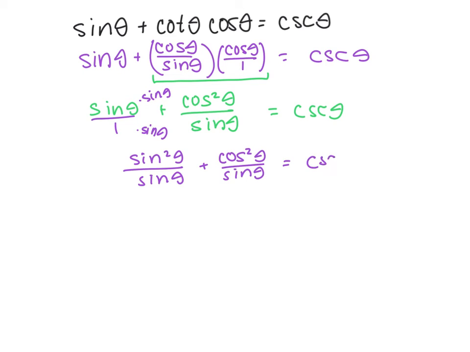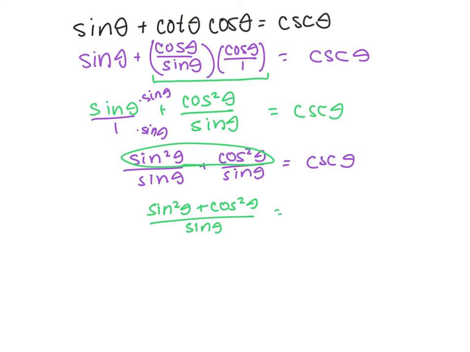And again, we're still trying to get it to cosecant. Now that we have a common denominator, we can actually add these fractions. So remember, when you add, you just add across the top. Bottom stays as is. So this turns into sine squared theta plus cosine squared theta, all over sine of theta.